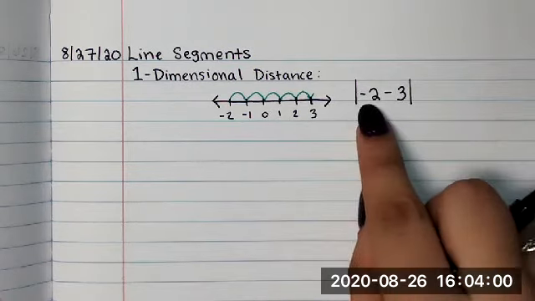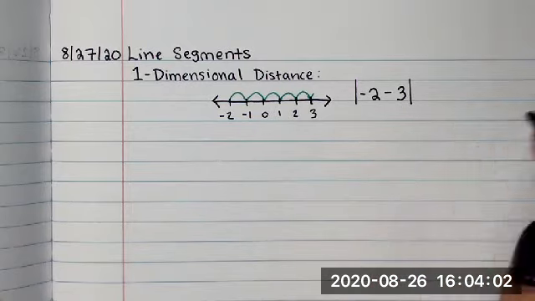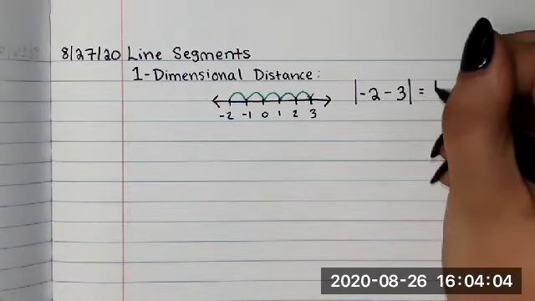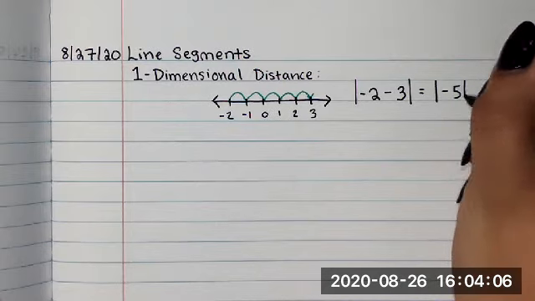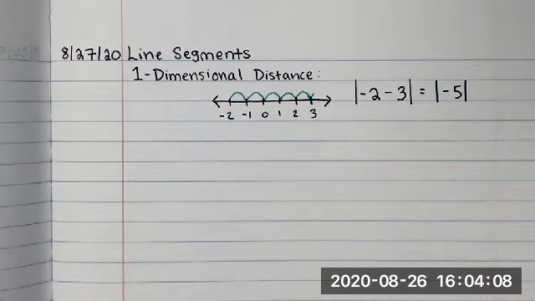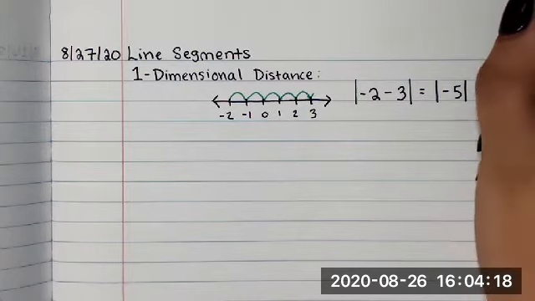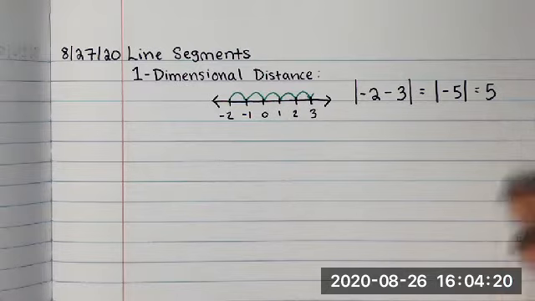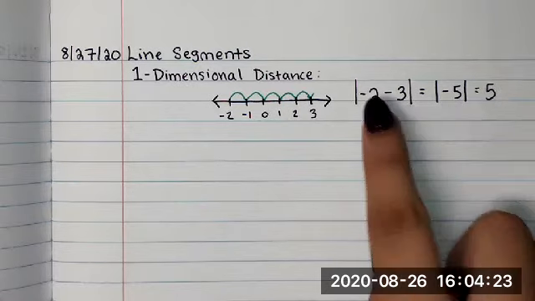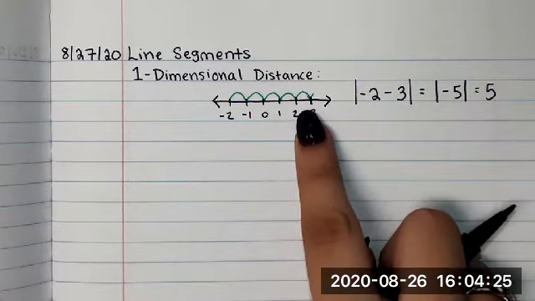So here, -2 minus 3 is -5, but we can't have a distance of -5. That doesn't really make sense to us. A distance always has to be a positive number. We can't really go inwards distantly. And that's where we get 5 as the distance. Now again, with this model, we could just count it.